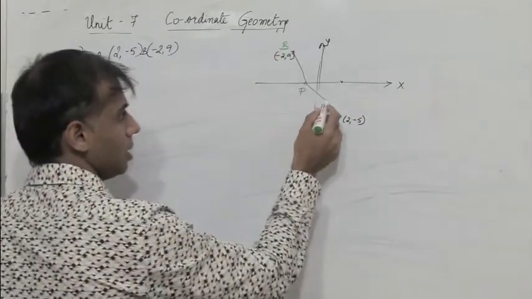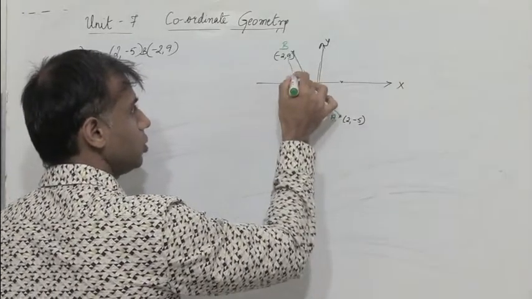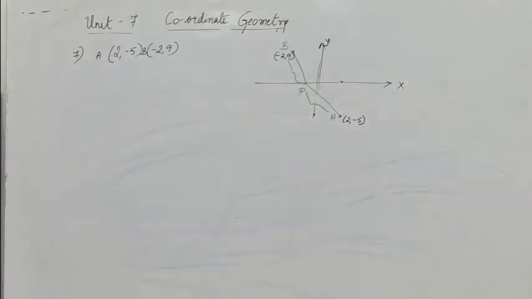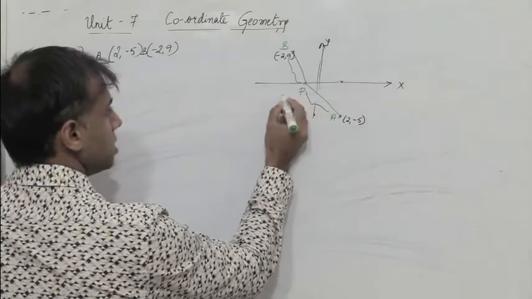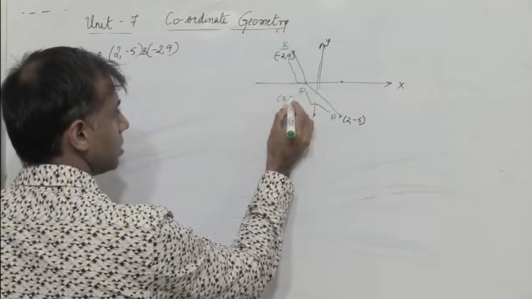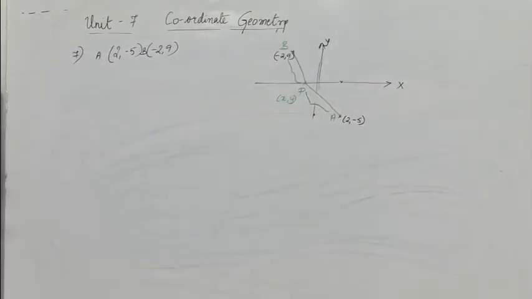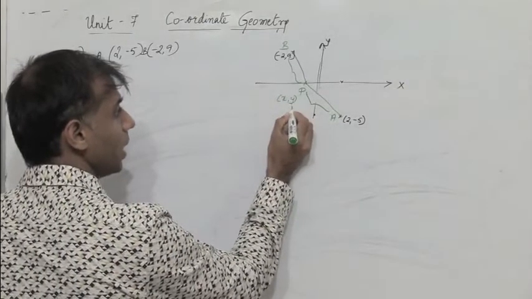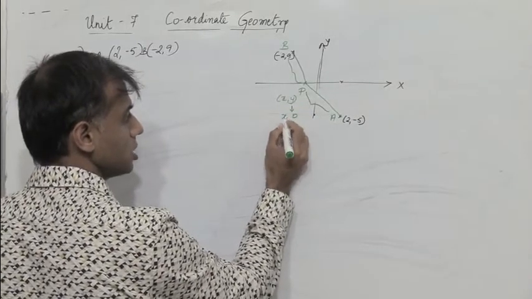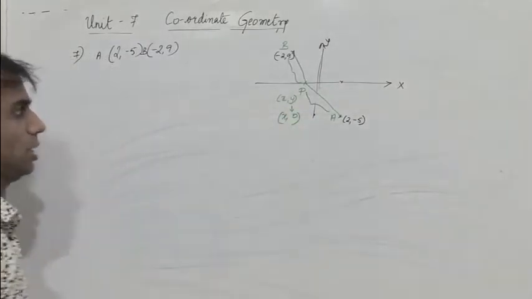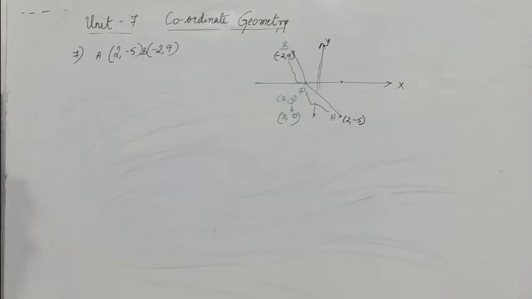So AP, this distance, is equal to BP. Since this is a point on the x-axis, any point on the x-axis will have an x coordinate, but the y coordinate value is 0. So this will be the point (x, 0), and I need to find the value of x.